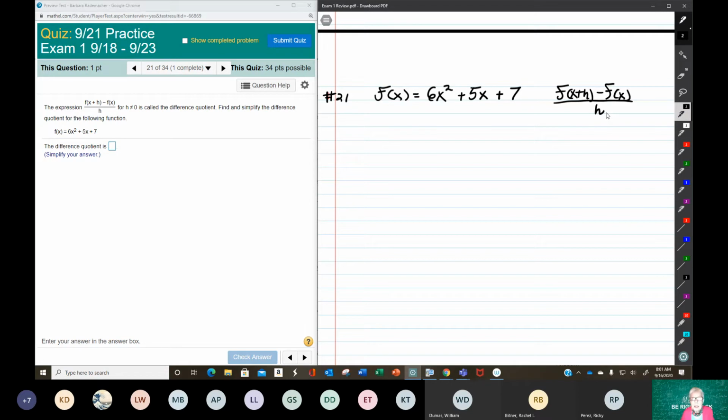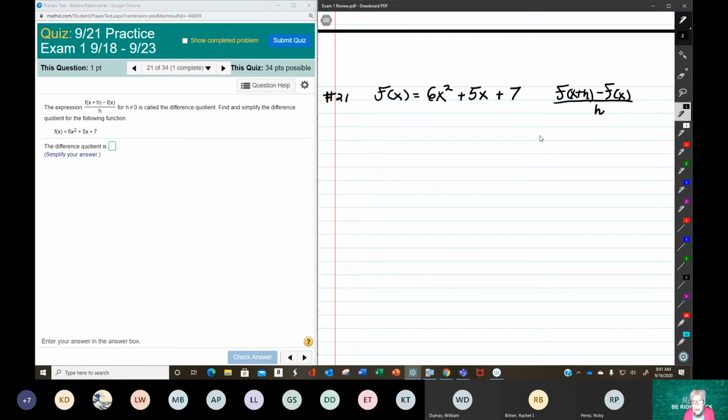Okay, and what we're trying to do here, the whole reason for going to this trouble, is to find how fast something is changing on this line. It's not a line, it's a parabola, so let's call it a curve. On this curve, whatever that would represent in real life.